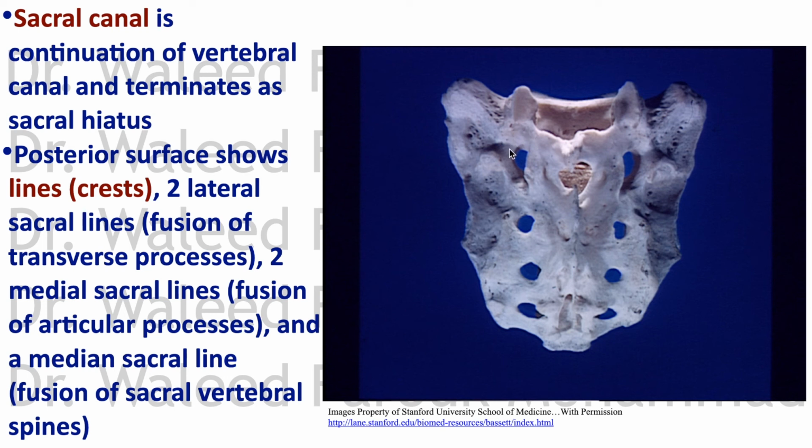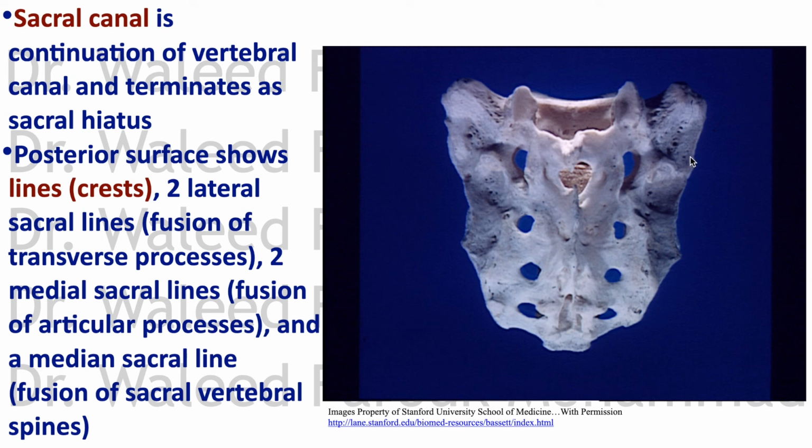We have an intermediate sacral line, as you can see here and here, formed by the union of the articular processes, the superior and inferior. This is the medial sacral line or crest, and a lateral sacral crest that's formed of the union of the transverse processes of the sacral vertebrae.